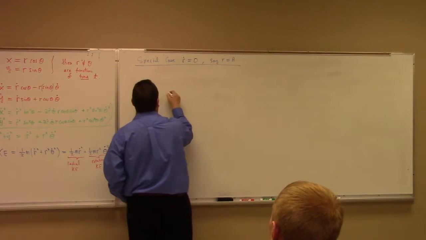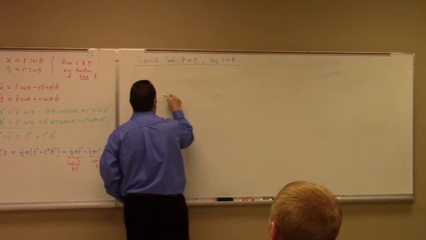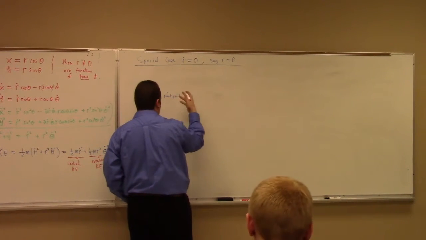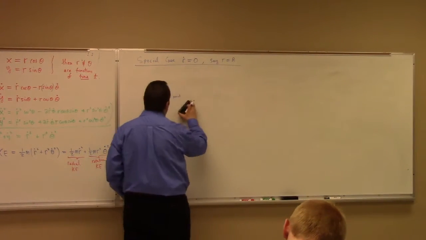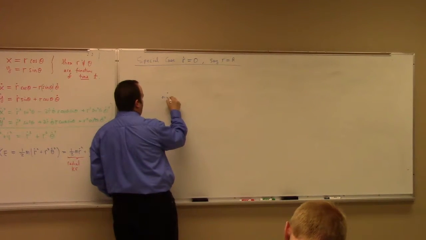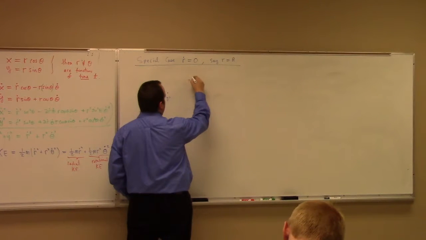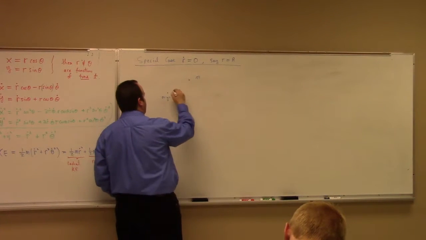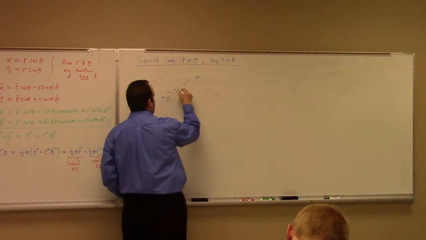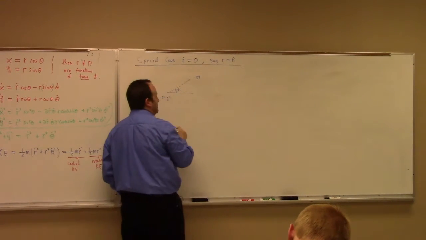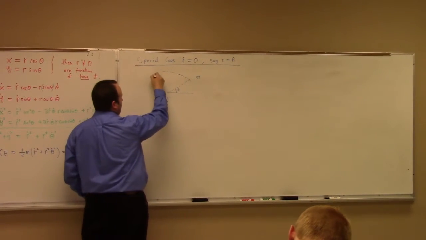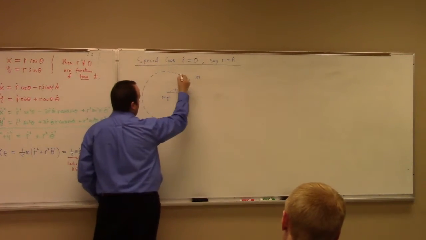So you've got some pivot point, reference point of rotation, origin, how about that? And then you've got some mass out here, and its angle is theta. And what's it going to be doing? It's going to be going in a circle.